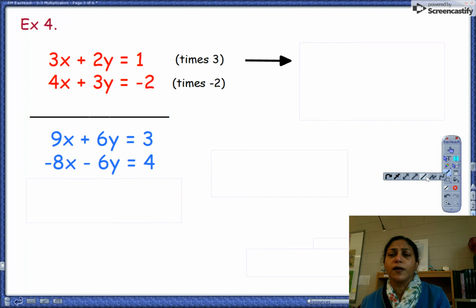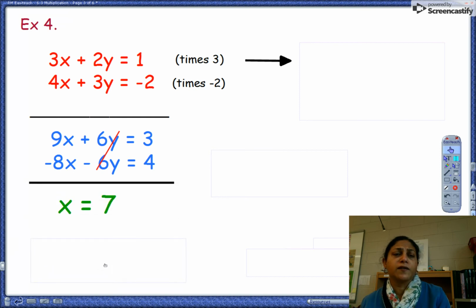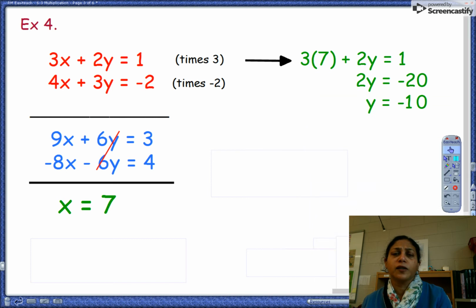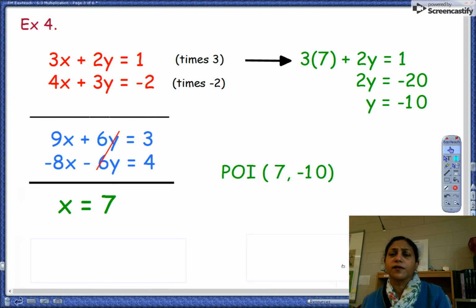Notice how the y's will cancel. You're going to do the math as you see it. 9x minus 8x is just x, and 3 plus 4 is 7. Therefore, x is equal to 7. I chose the first equation to find my other variable, and my point of intersection is 7, negative 10.